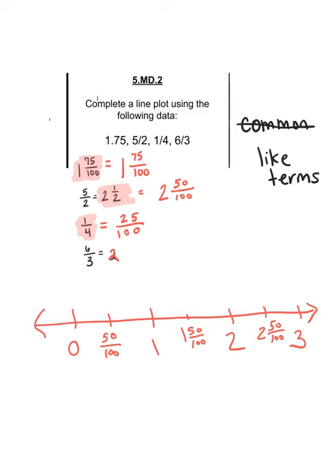Okay, so I'm going to do 1 75/100ths, that's going to land right here. Put an X there. 1 75/100ths, did that. 2 50/100ths, put an X right there. 25 out of 100 would be right here.